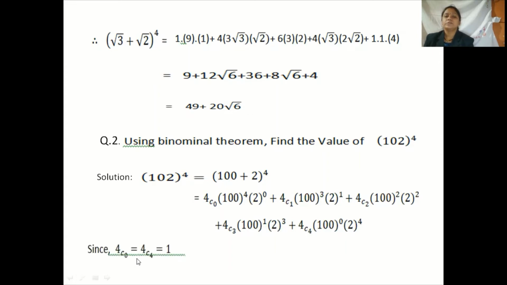Since 4C0, 4C4 ची व्हॅल्यू ऑलवेज 1 असते, 4C1, 4C3 is equal to 4, 4C2 is equal to 6.